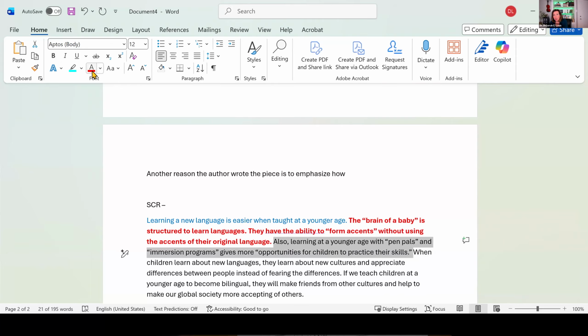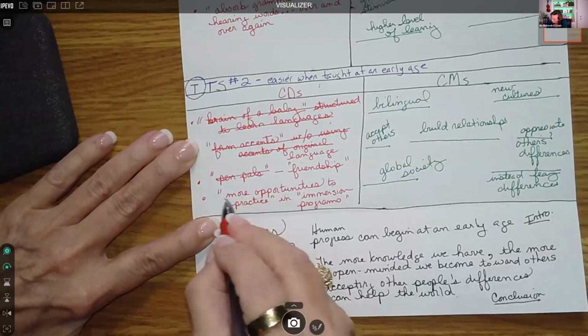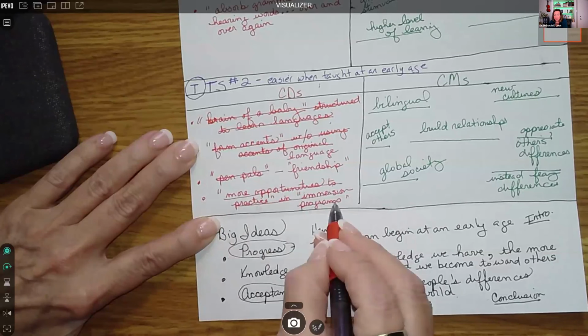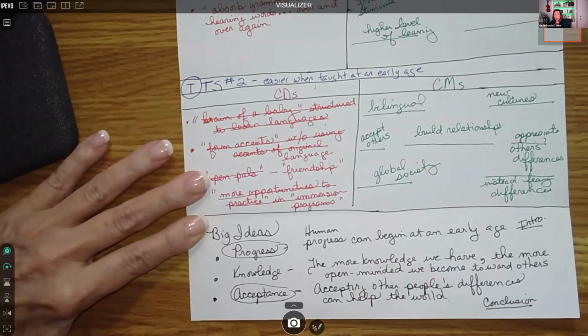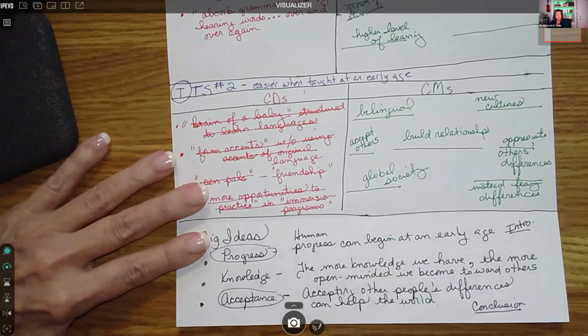All of this is concrete detail. And where did that come from? Right here, right here, and right here.